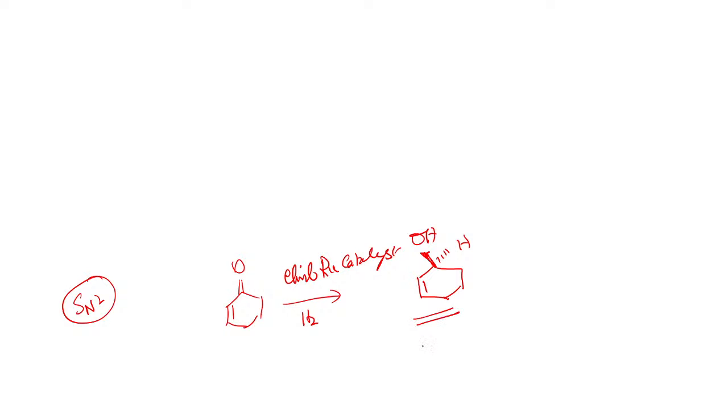If you get a single compound, you can call it this one stereo. This is an enantiospecific reaction. And if you get a mixture of these two, for example, you have this is 80%, the other one is 20%.